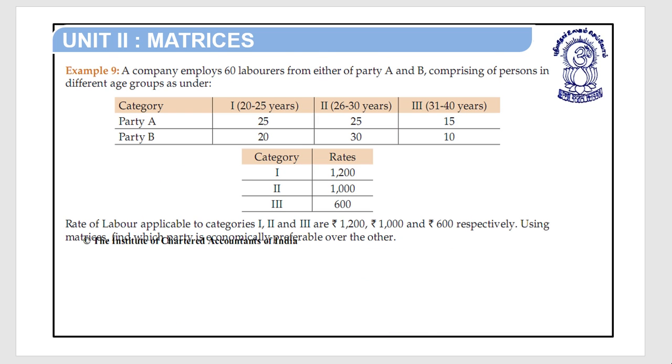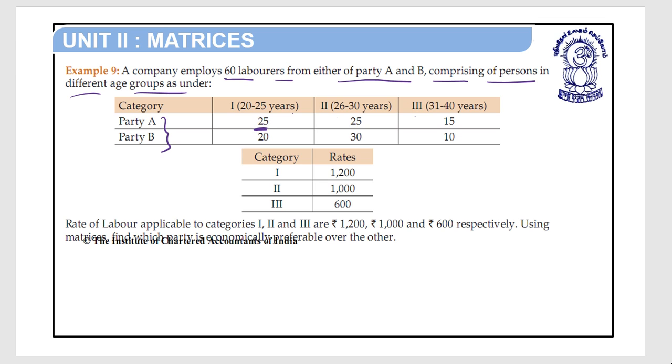Now next example. A company employs 60 laborers from either of party A and B, comprising persons in different age groups as under. First, 20 to 25 years, second is 26 to 30 years, third is 31 to 40 years.